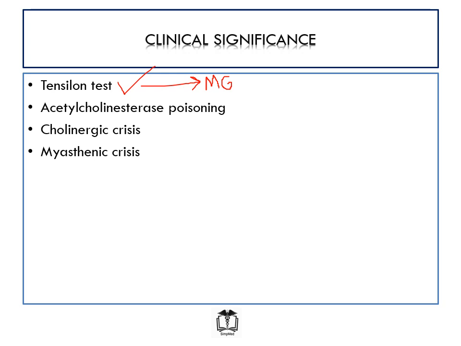How we do this using a Tensilon test is that we give edrophonium to a patient that we suspect to have myasthenia gravis. Once there's a relief of the symptoms, that would mean this patient likely has myasthenia gravis, because edrophonium is a drug that binds to the acetylcholinesterase enzyme and increases the amount of acetylcholine present at the synaptic space.